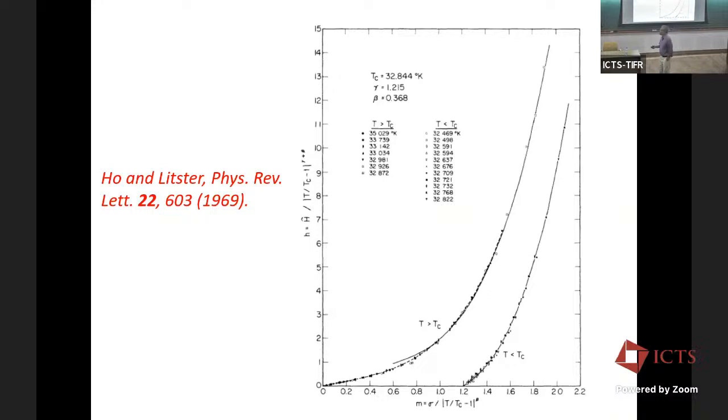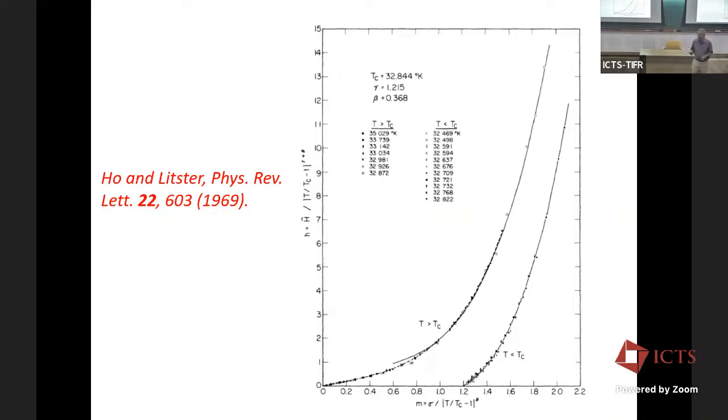Now the point is, if I choose this exponent, beta, the value is given here, gamma is given, and beta is given. If you now, instead of plotting m versus h, plot this combination versus that combination with appropriate choice of the exponents beta and gamma, then you should be able to collapse all these 15 different curves onto the same master curve.